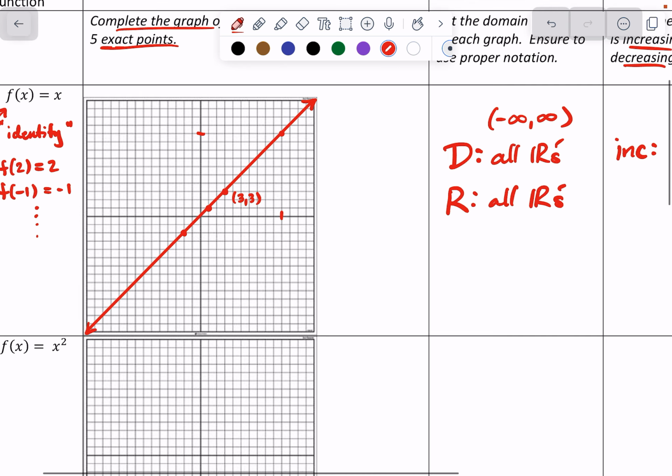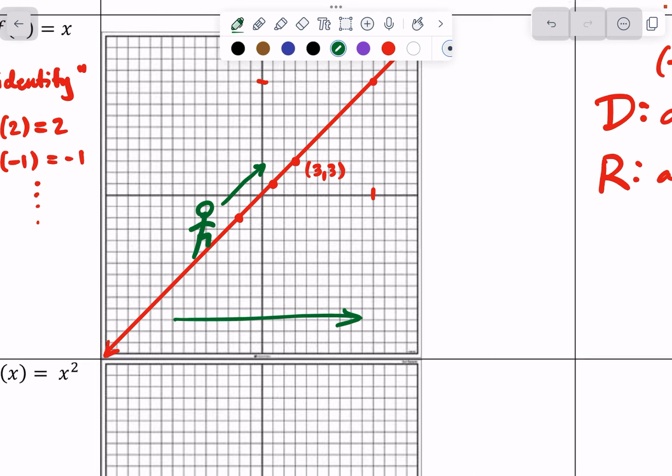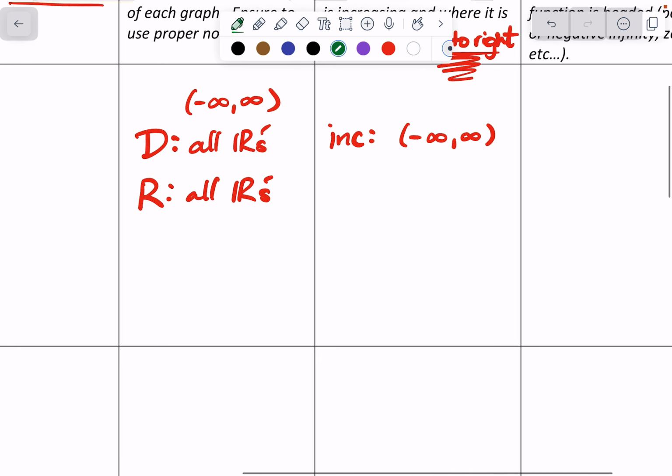So meaning, if I am hiking this graph, remember, we're always going left to right. This guy is going uphill, right? We never go right to left. So that means we're increasing for the entirety of the graph, and we're decreasing nowhere. So you can say maybe none.